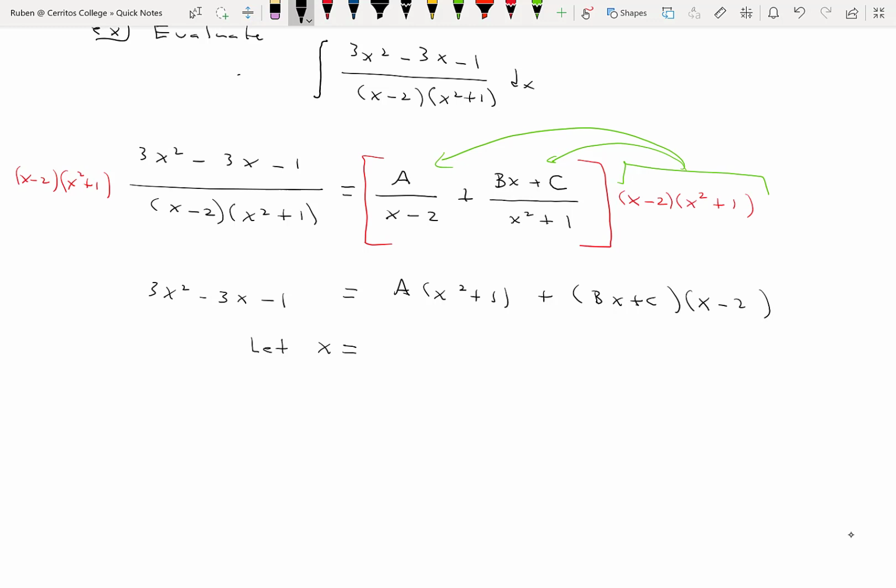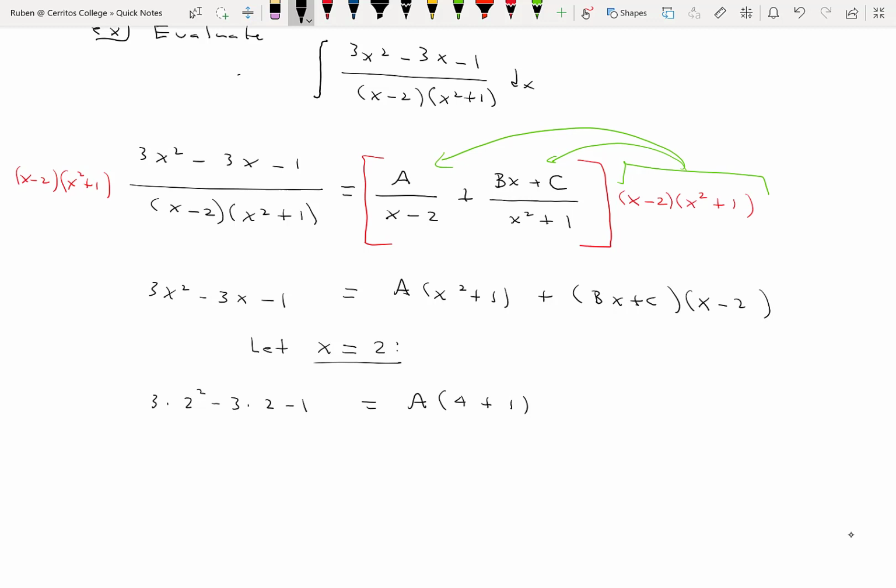So how could I get rid of everything except for a? I could let x equal 2 on both sides. If I let x equal 2 on the left-hand side, I'm going to get 3 times 2 squared minus 3 times 2 minus 1. On the right-hand side, I'm going to get 2 squared, 4, plus 1.